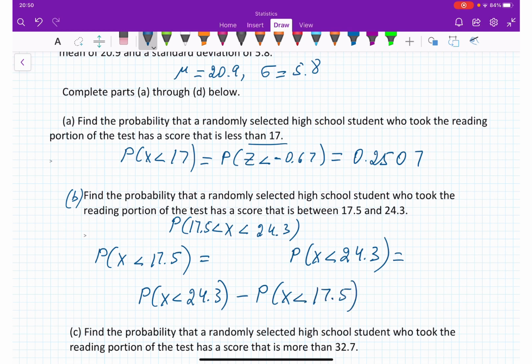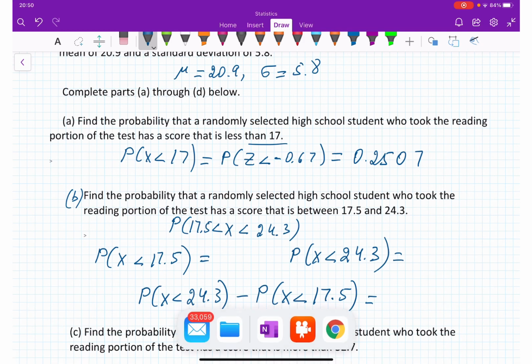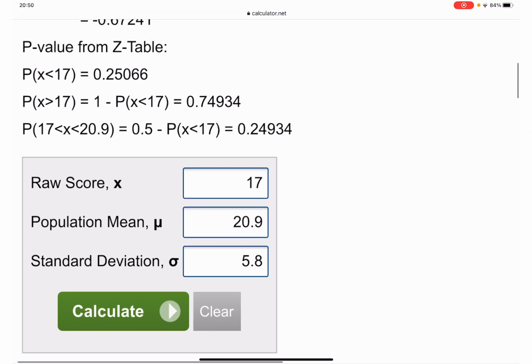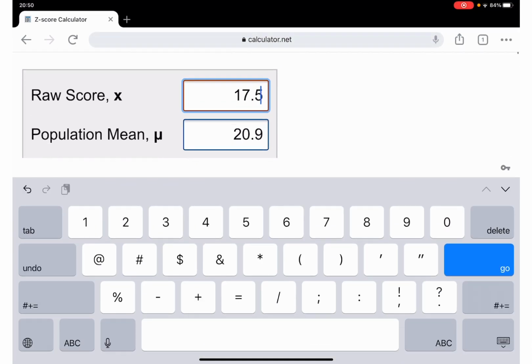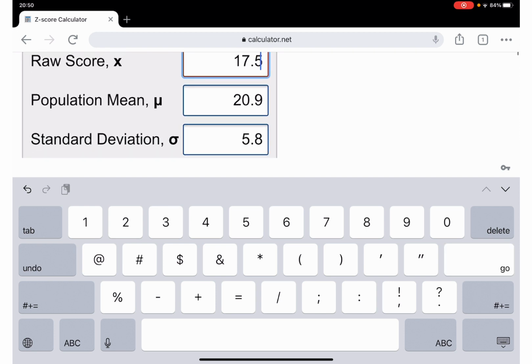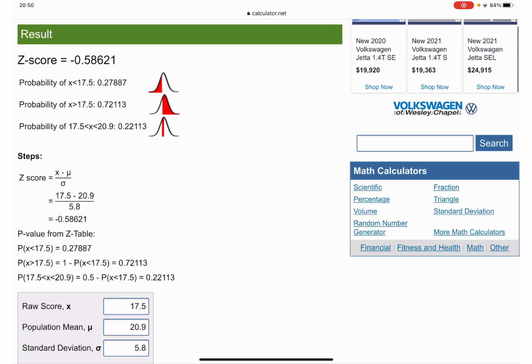And obviously we have to go through z-score, right? So let me write down 17.5 and 24.3. Okay, let's go. So 17.5 and the rest is the same, right? Okay. Probability x is less than, oh, did I write down?